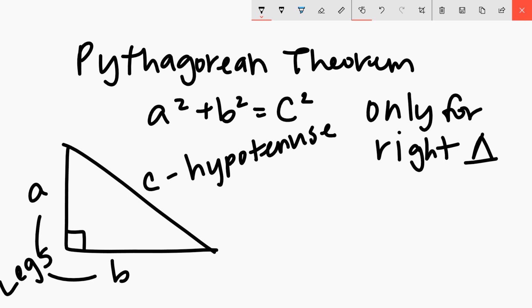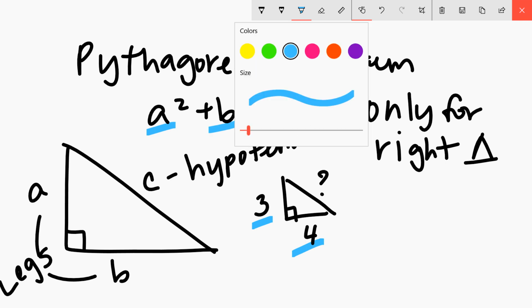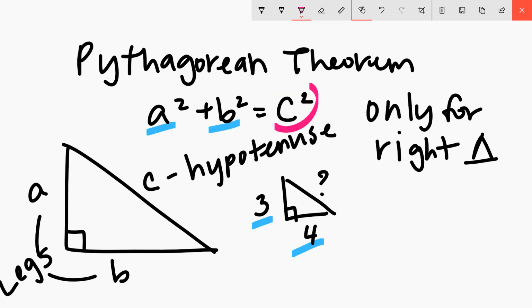Always. Okay. So example for you then is if I had a right triangle, I've got 3, I've got 4, I have no idea what my hypotenuse is, plug it into my Pythagorean theorem. Since I've got 2 legs here and no hypotenuse, that's the way I'm going to follow.